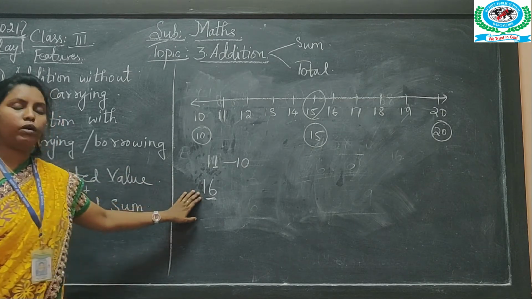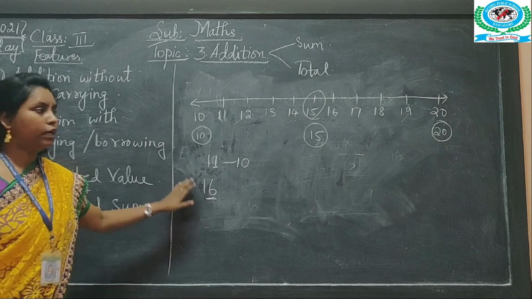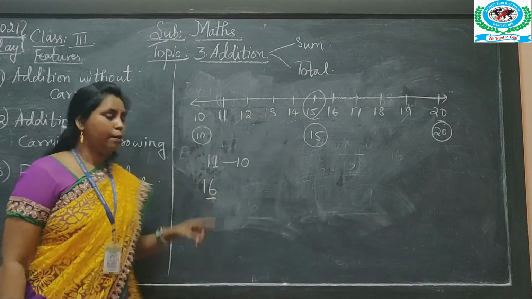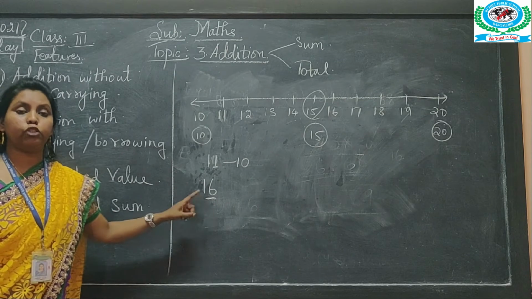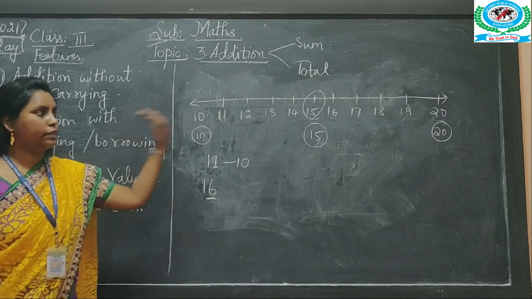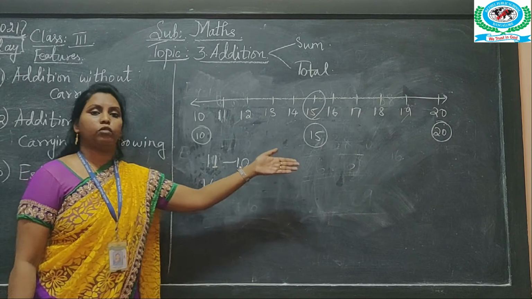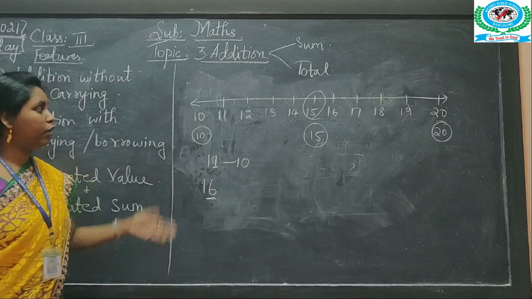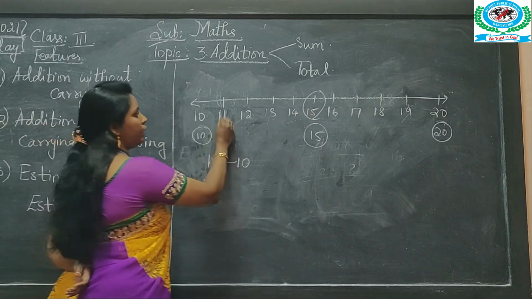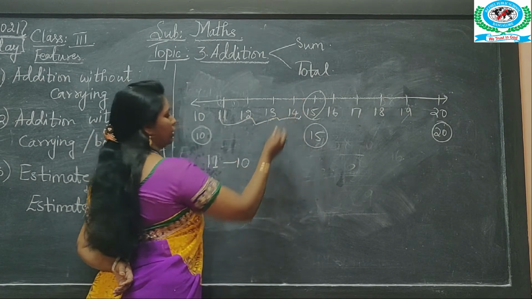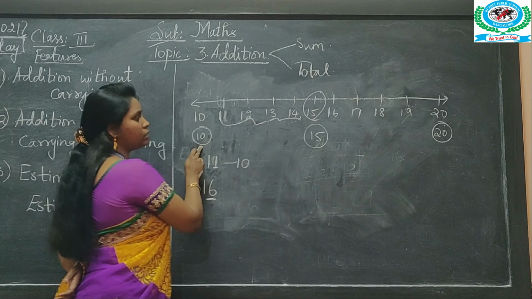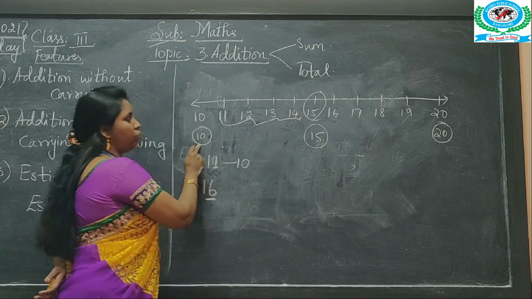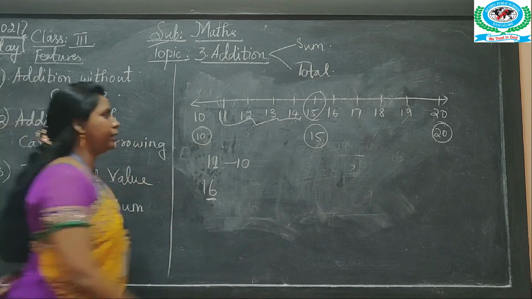Now what is the estimated value of 16? It is 20 because the unit place number is more than 5. It should be 5 or more than 5, and it lies to the highest place of that number. So for the numbers 11, 12, 13, 14, the place value will be 10.